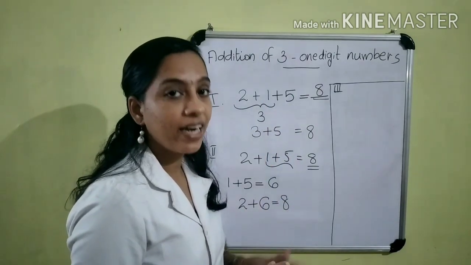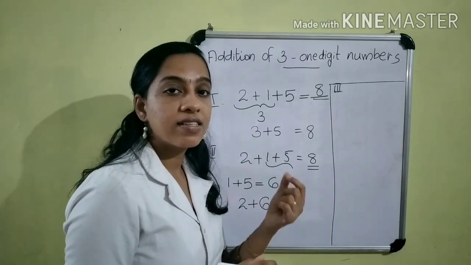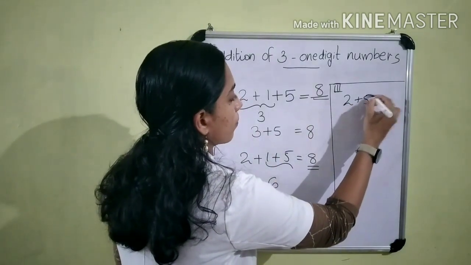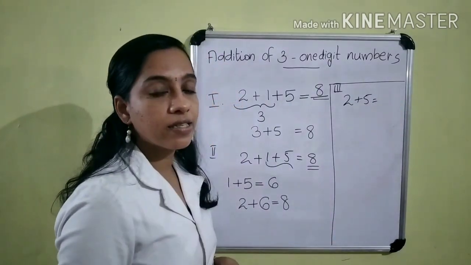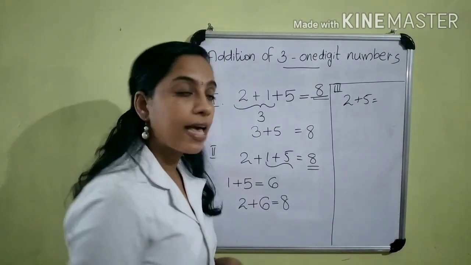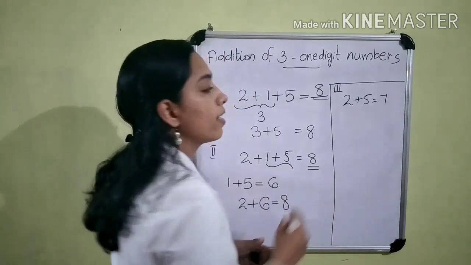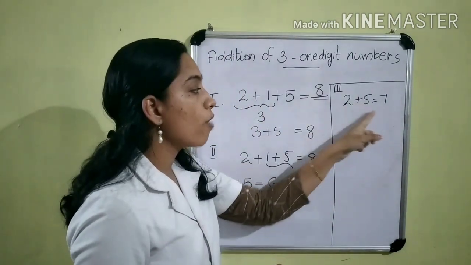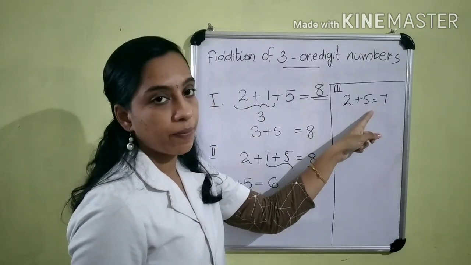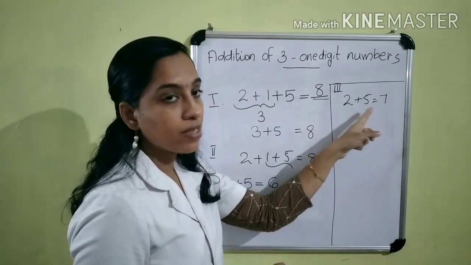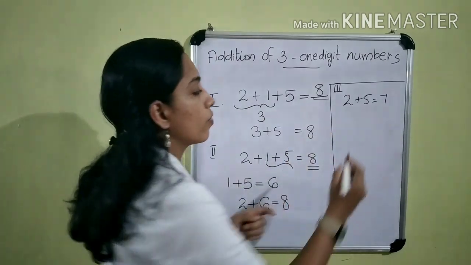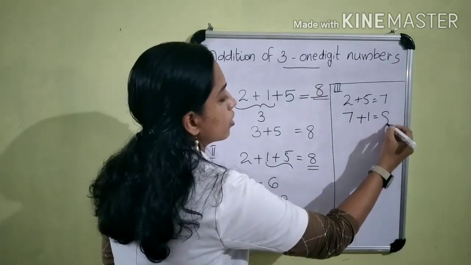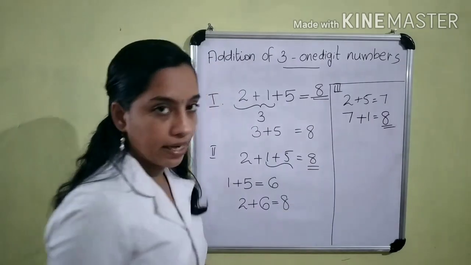In the third method, we add the first and last number, that is 2 and 5. What is the answer when we add 2 and 5? 7. Then add the second number with the sum of the first and last number. So we add 7 plus 1. That's also equal to 8.